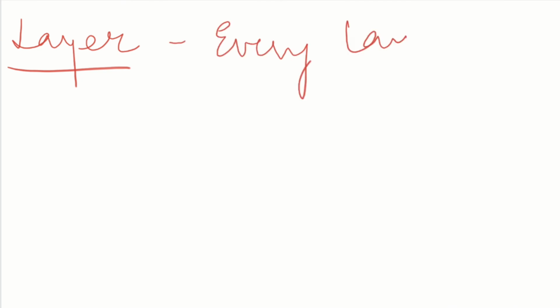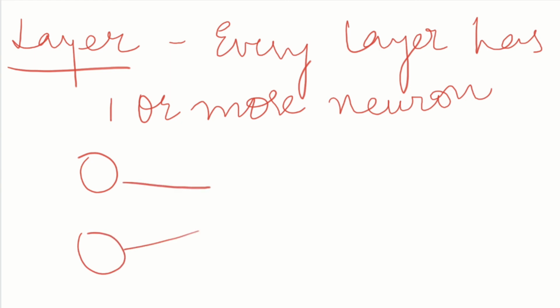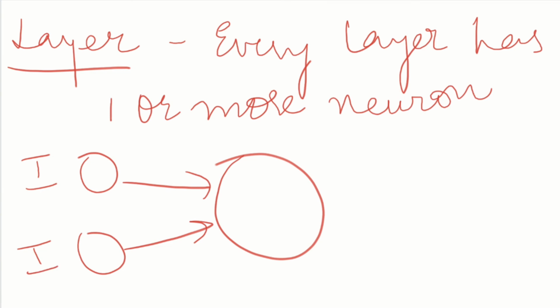We also discussed layers, the hidden, input and output. Every layer has one or more neurons. This is the input layer.